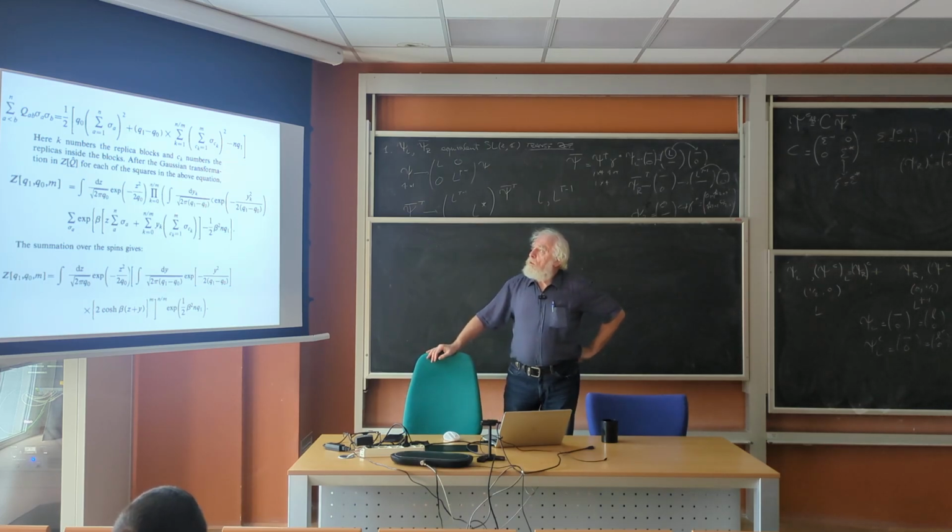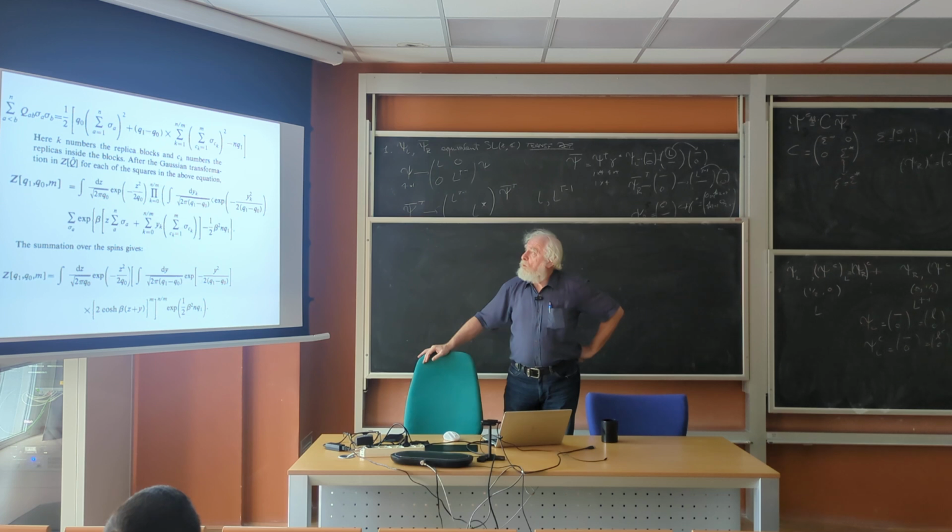Now, the sum over all these replicas can be rewritten in the way which you see on the upper line. It is just rewriting of this sum. What you see here is just some algebraic equation.